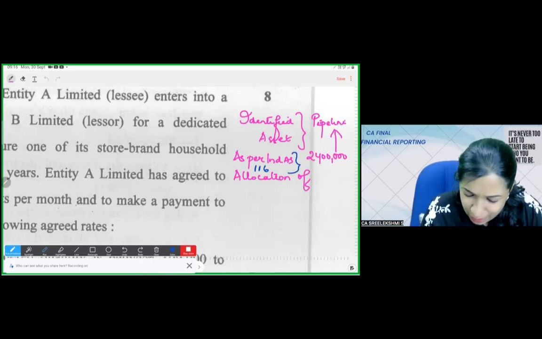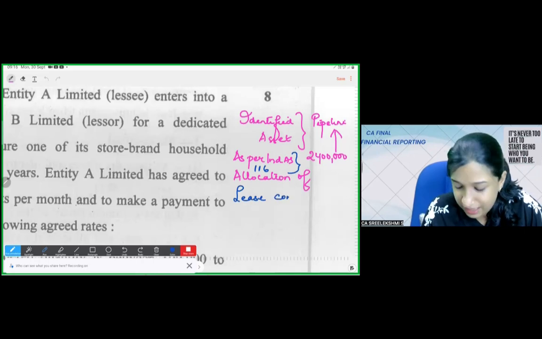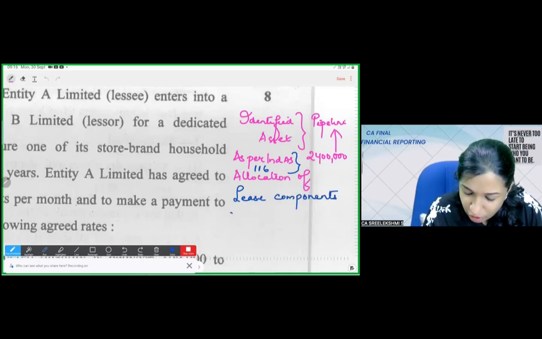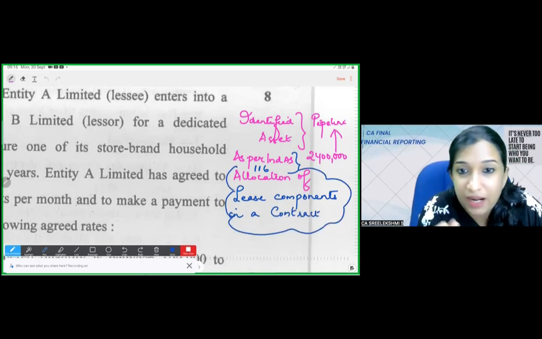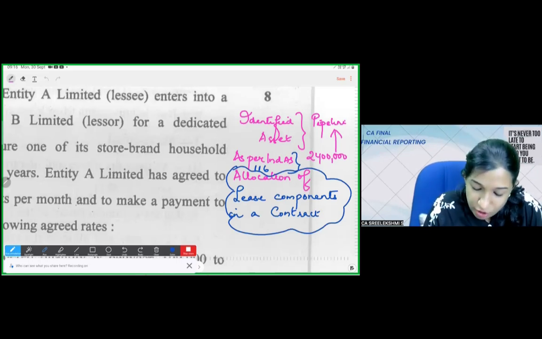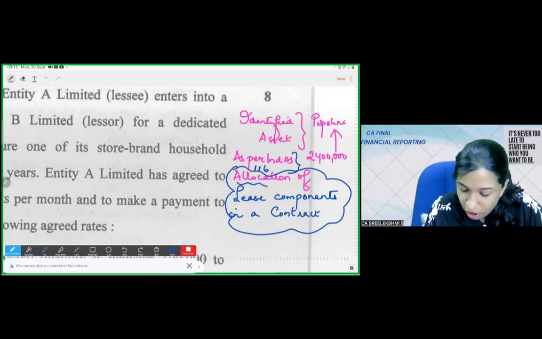Just generally, allocation of lease components in a contract: if there are multiple lease components, allocation is compulsory, mandatory.